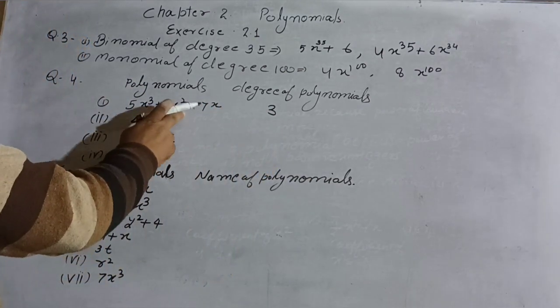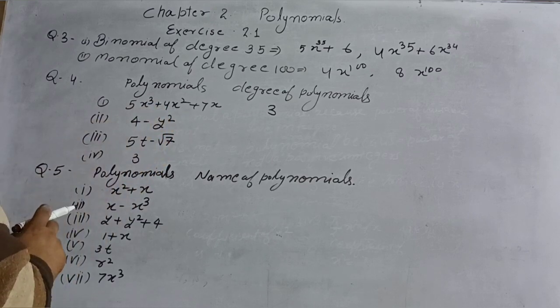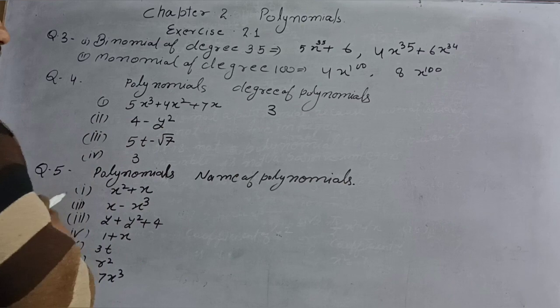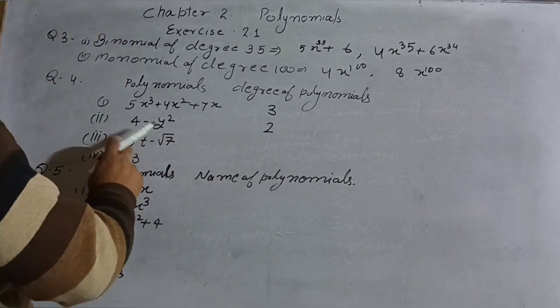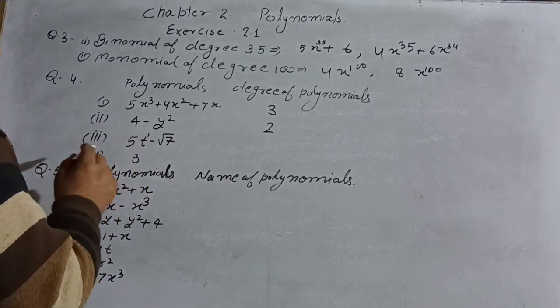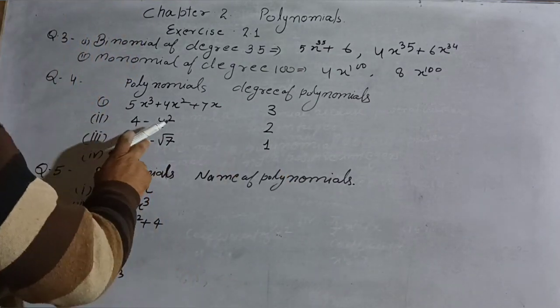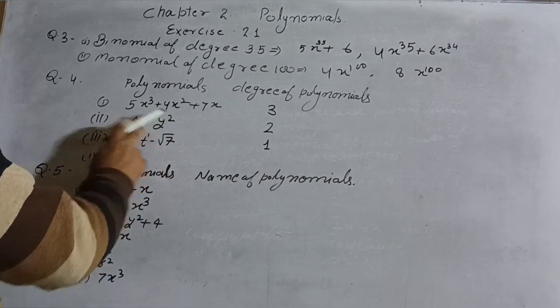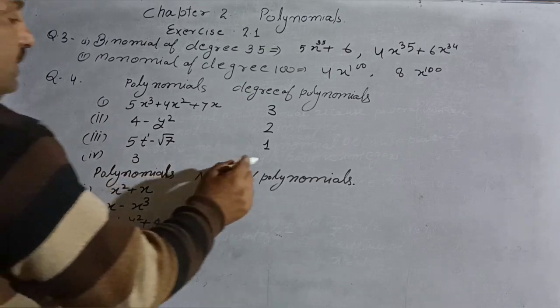Here the power of y is 2, so degree 2. Here the degree of t is 1, therefore degree 1. It has no variable, therefore degree is 0.